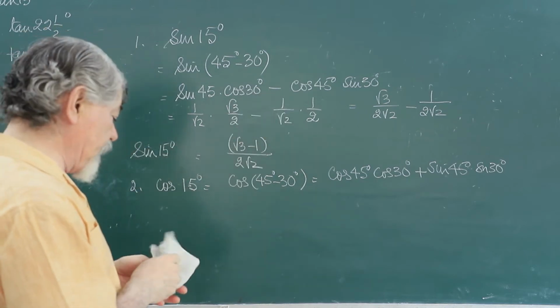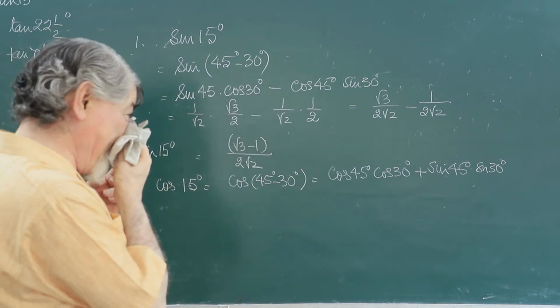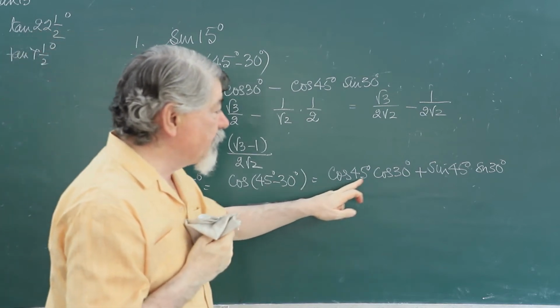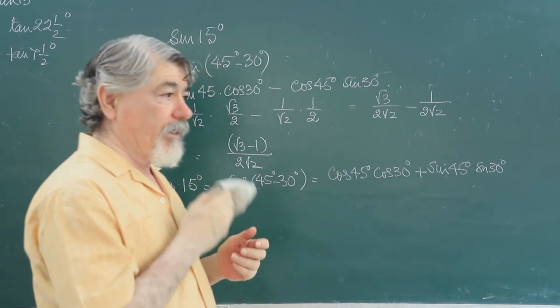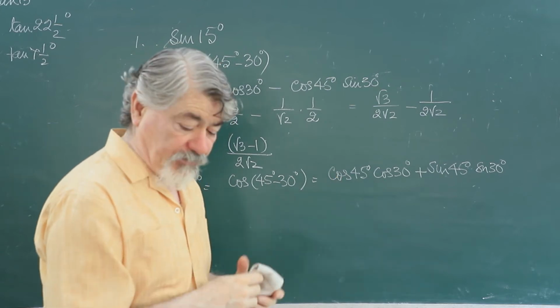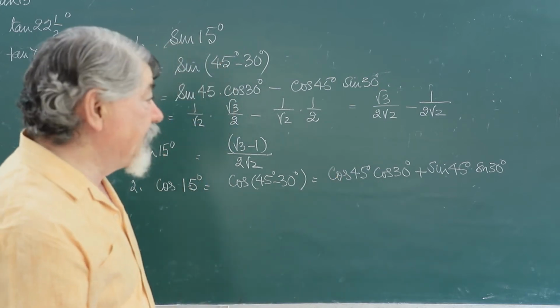But when it comes to cos, cos A minus B will be cos A cos B plus sin A sin B. The sign will also change here in between, and combinations will be cos A cos B and sin A sin B.